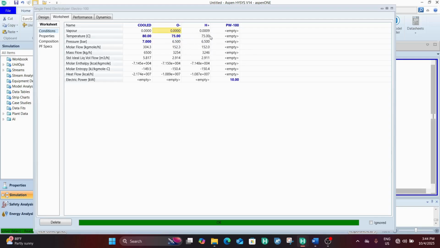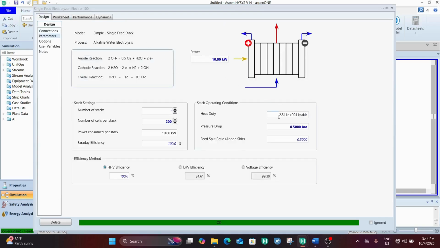And as you can see, we have successfully solved our electrolyzer using 10 kilowatts, and our duty is about 25,000. The power consumed per stack, because we only have one stack, the whole power goes to that stack, 10,000 kilowatts.